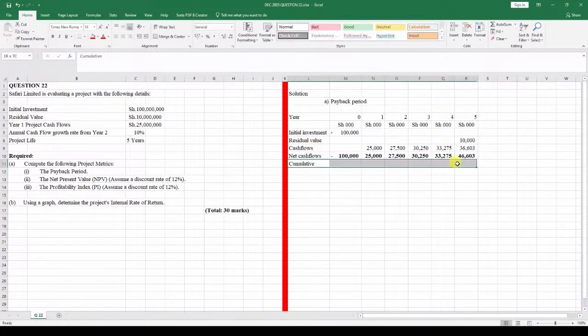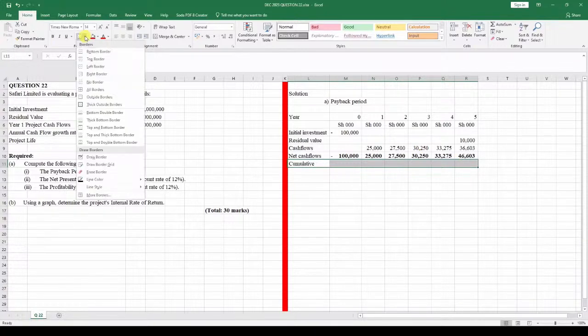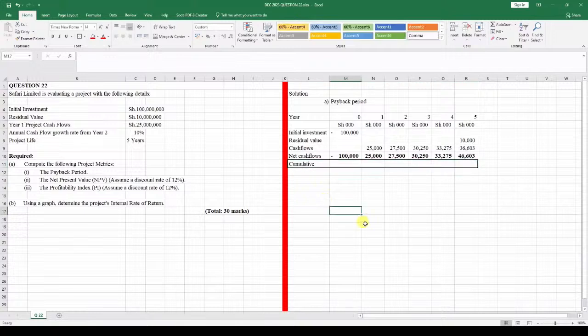I can put it like that, and we come right here and put it in a box. So that's what you're interested in, the cumulative cash flows. Here, it's just going to be that value, and then we pick that value plus this net cash flow here. It comes to 75. And then we reduce it. We drag it because it's got a formula, and we continue up to there.